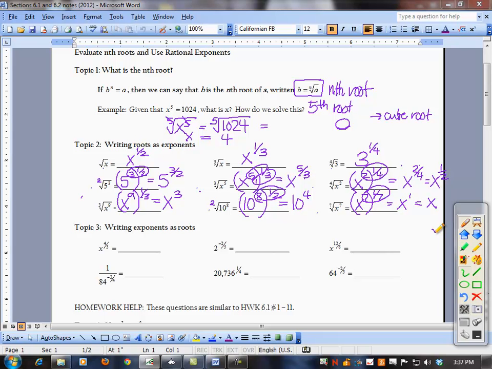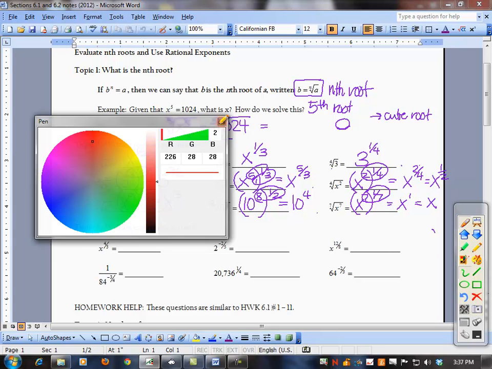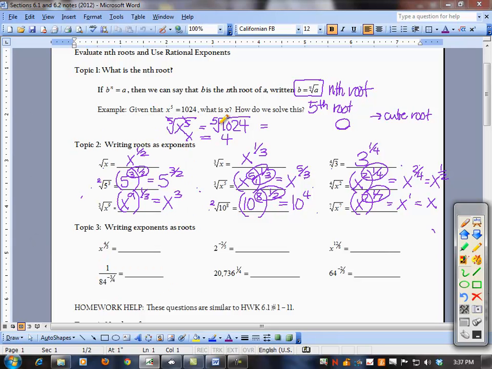Now, here's what I'm going to do. I'm going to change my color for a minute so that we can point this out. If you take a look, we want to make sure that you understand that the root, the square root, cube root, 4th root, is in the denominator of our exponent.